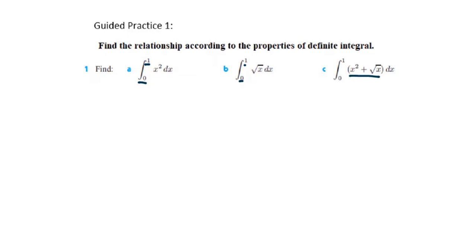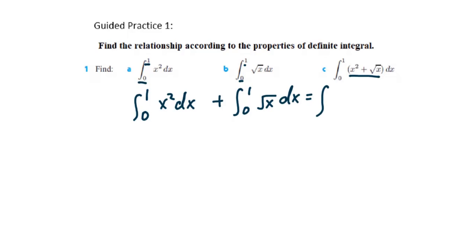So we can use additive interval property of a definite integral. You will get integral from 0 to 1 x squared dx plus integral from 0 to 1 square root x dx equals integral from 0 to 1 of x squared plus square root of x dx.